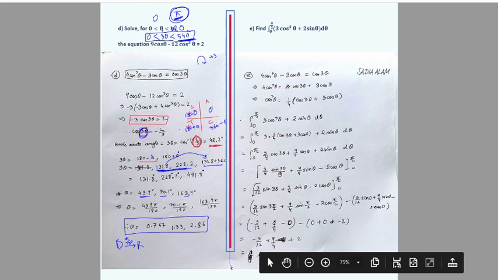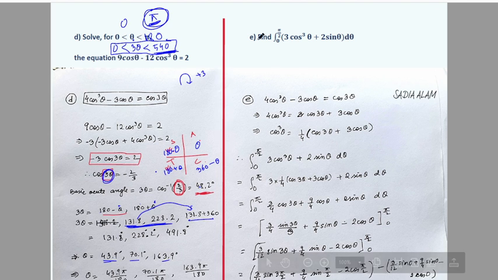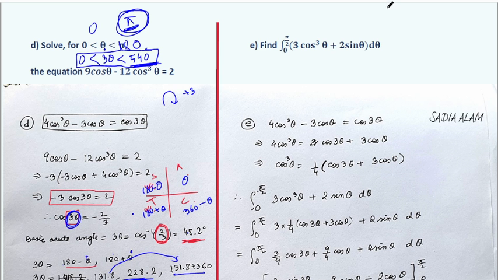Next we will solve part E. For part E, this is the equation. You need to integrate this thing. For integration, we know that the integration of sine theta is minus cos, and the integration of cos theta is sine.